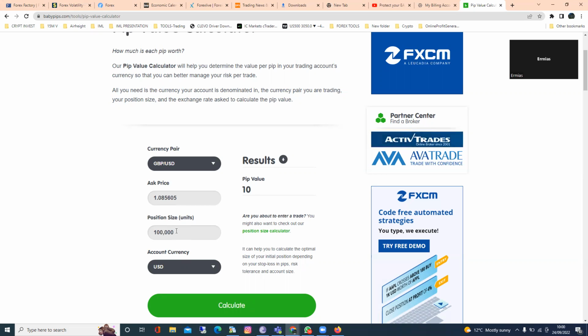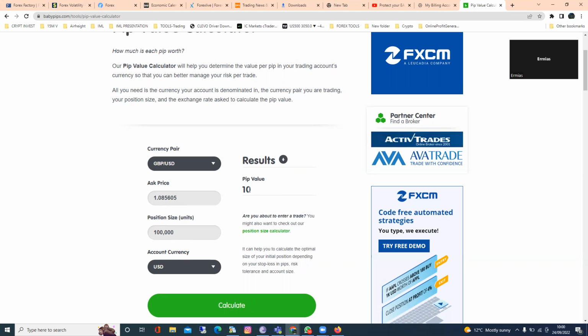All right, so if I'm trading one contract, which is 100,000 units, the pip value in dollars is 10. So if this moves from 1.0857, that means I've made $10.